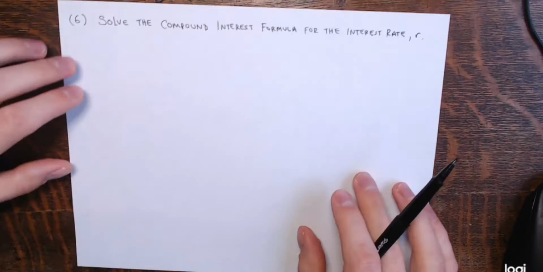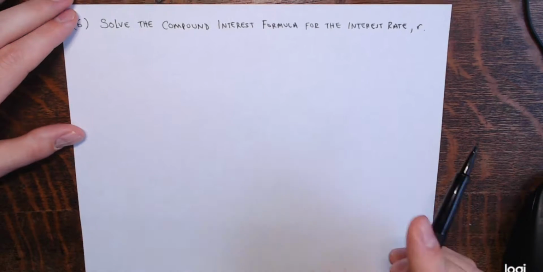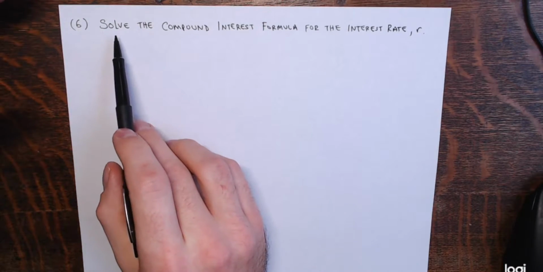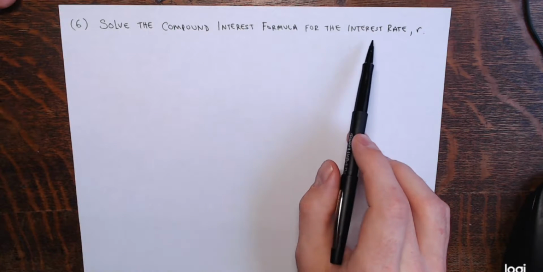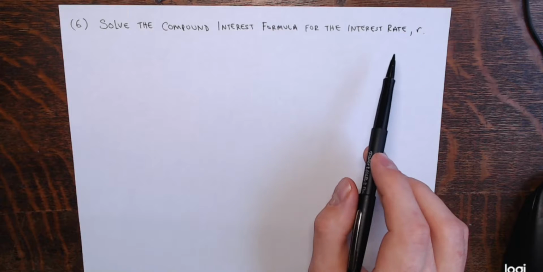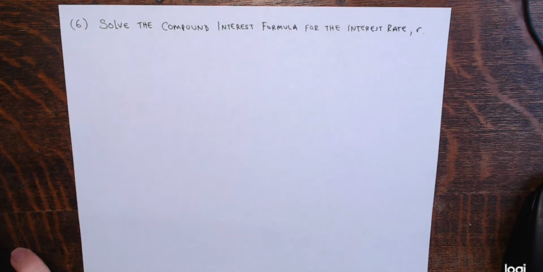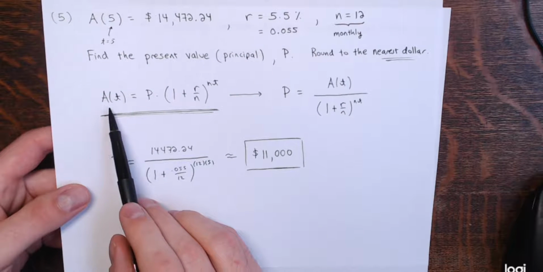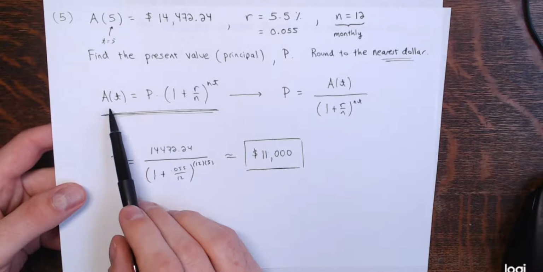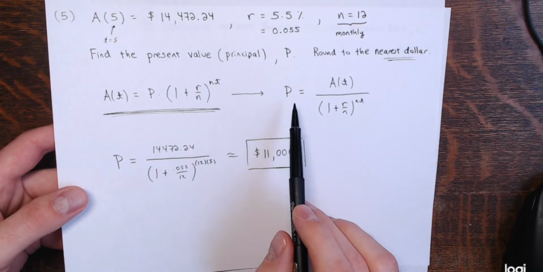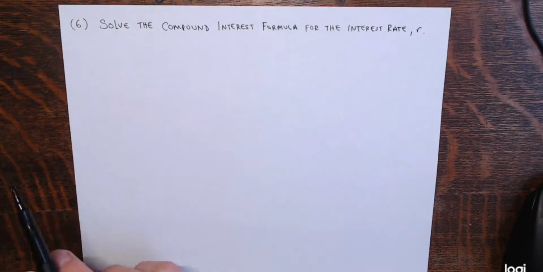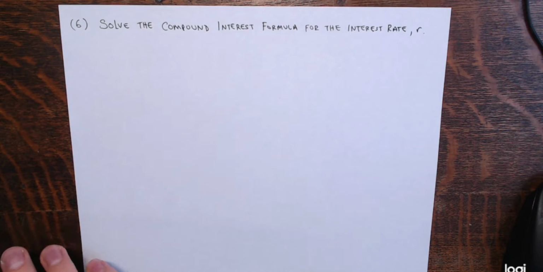All right, so I got another one where we're just simply asked to solve the compound interest formula for the interest rate. Solve for r. We saw in the last example, the way it originally looks, you have A is solved for, the amount, the final amount. Here I solve for P. What I'm asked to do here is solve for r, get r alone.